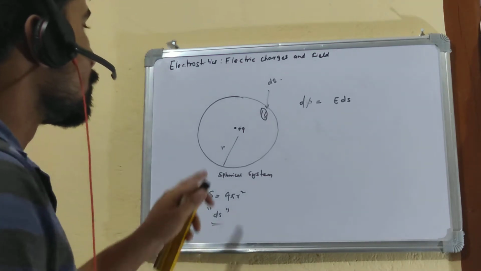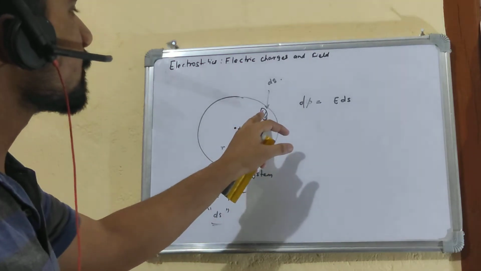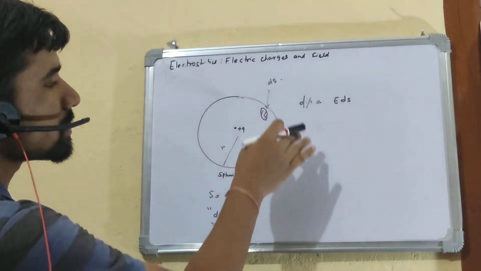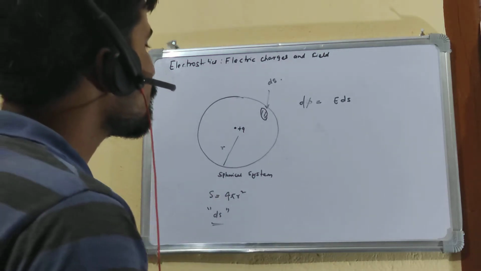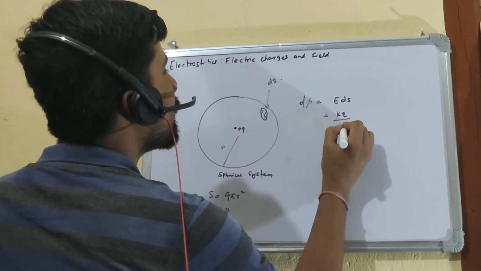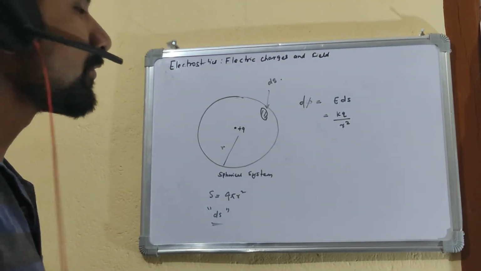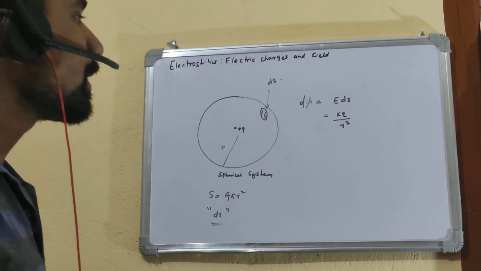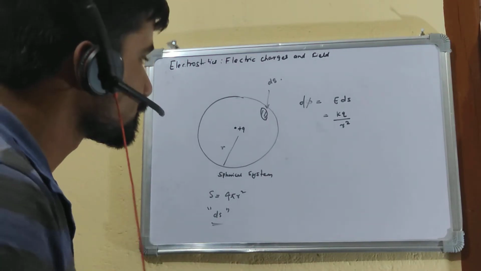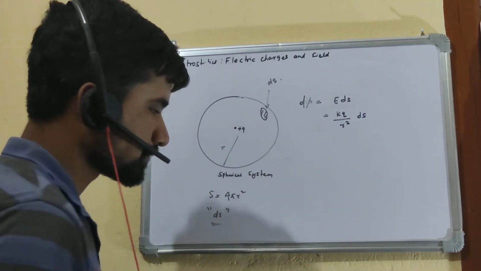The electric field at this particular point on the surface, because of this q, is kq by r square. Electric field will be given by kq by r square, and then this is ds.